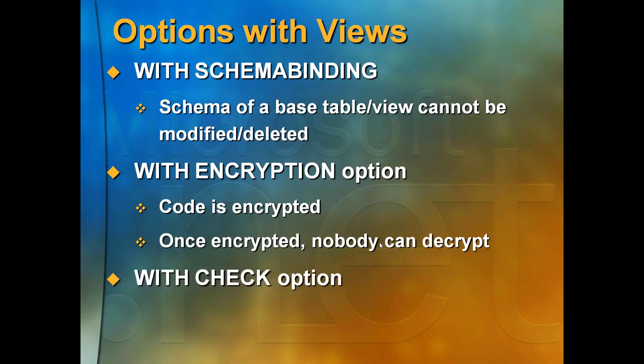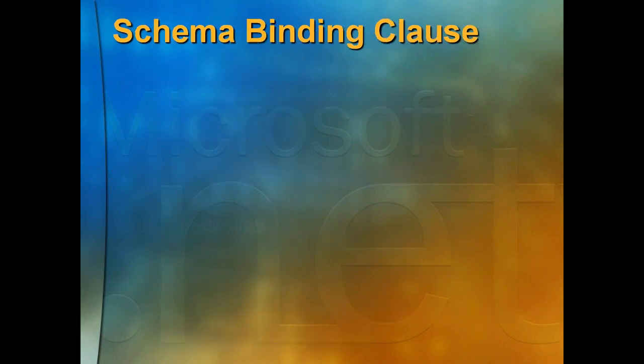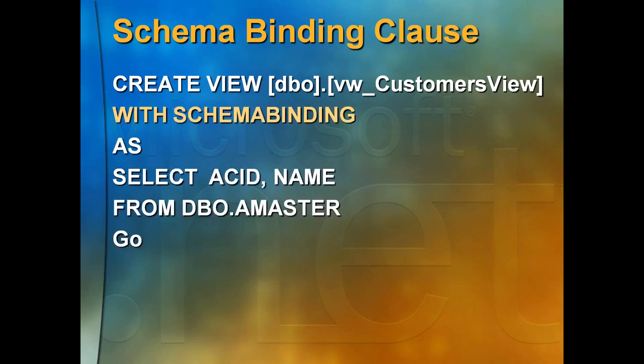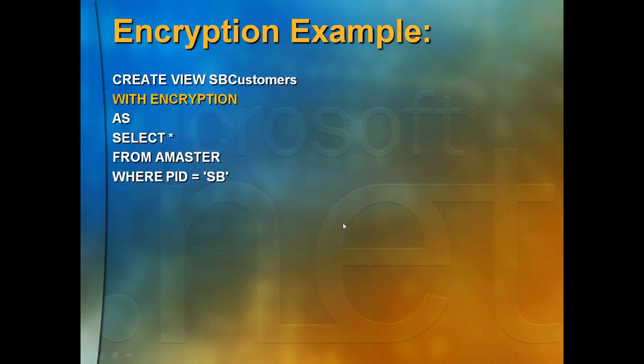A hacker also cannot see the code. Once encrypted, no one can decrypt it, including Bill Gates or Satya Nadella, who is the CEO of Microsoft. Nobody knows how to decrypt the code. Clear? Once you encrypt it, you cannot read the code at all. Create a view SB customers with encryption.